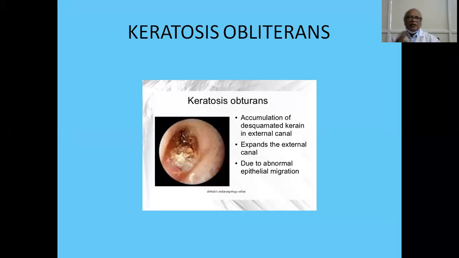As a result, these cells will get accumulated inside. It will give rise to very severe pain. And sometimes the keratotic material is so heavy, it may extend into the middle ear, producing even facial paralysis. It can extend to the mastoid. It may extend even to the neck and intracranium also.